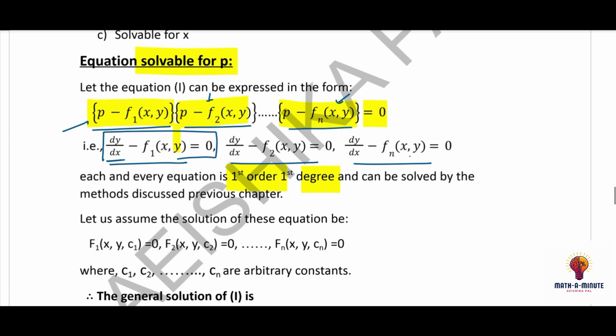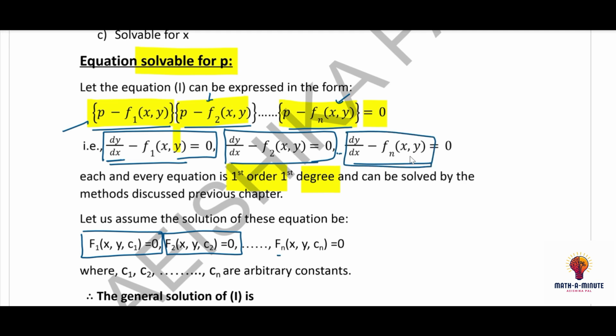Suppose for the first one we get the general solution F1(x, y, c1) equals 0, for the second one we get F2(x, y, c2) equals 0, and for the last one we get Fn(x, y, cn) equals 0, where c1, c2 and cn are arbitrary constants.